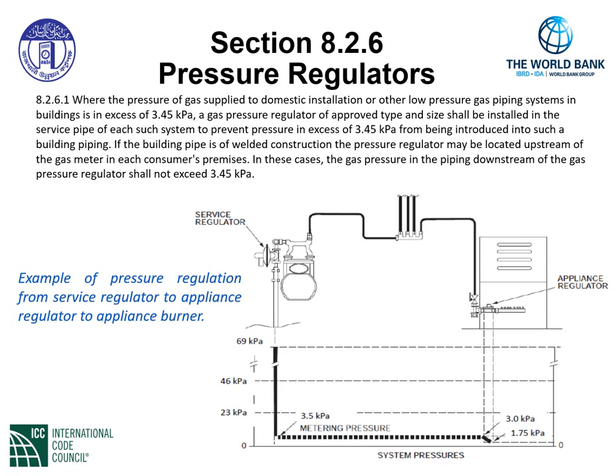Now, as you can see, we have regulated or reduced the pressure accordingly based upon the service regulator and appliance regulator and good piping design to get from the point where it comes into the building to the appliance.